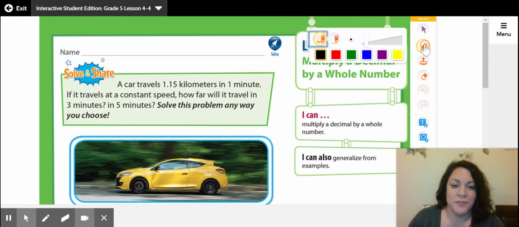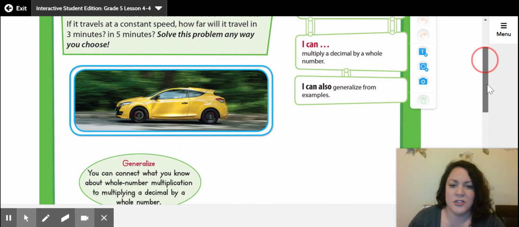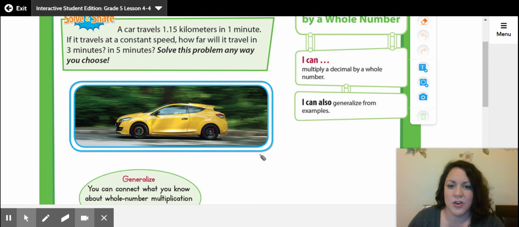Okay, so like I always like to do, come up here and just start at the beginning. In other countries, they don't use miles, they use kilometers. So that's why they're talking about kilometers. So it's 1.15. I'm kind of thinking of miles, but I guess we're going to talk about kilometers, in 1 minute.